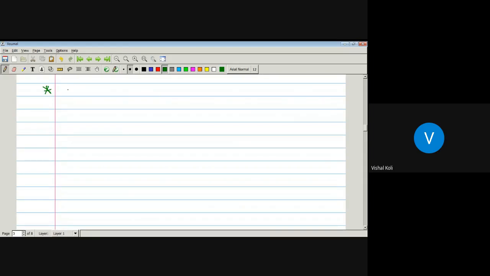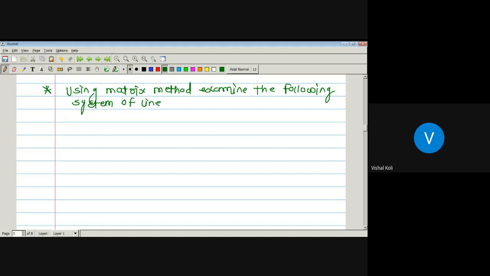Using matrix method, examine the following system of linear equations for consistency and inconsistency.